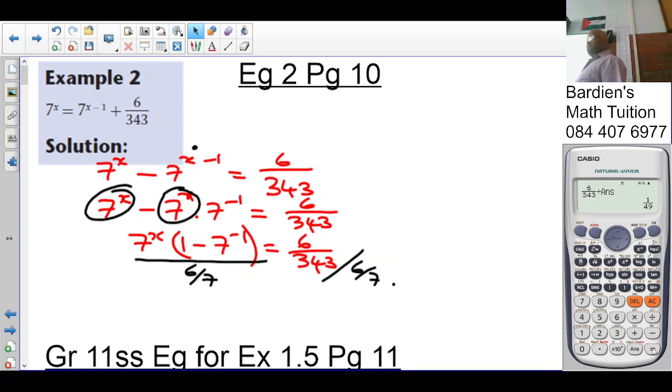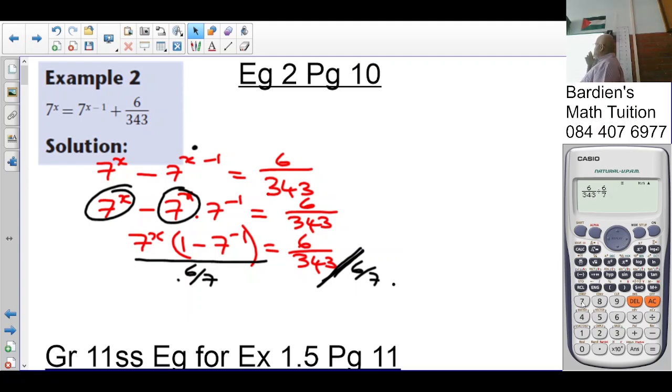You will understand. Is there any confusion, people? Who's confused? Okay, what are you confused about? Division. Okay, you see here, this line means to divide. So you're okay with the 6 over 7? What we do is we say 6 over 343 must be divided by 6 over 7.